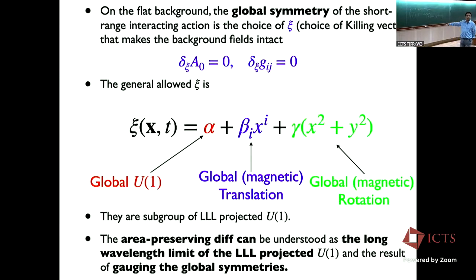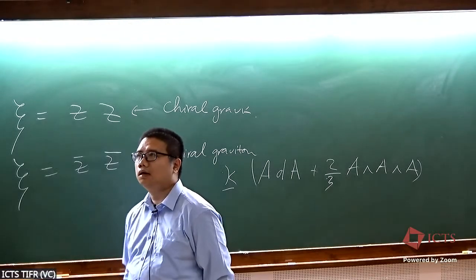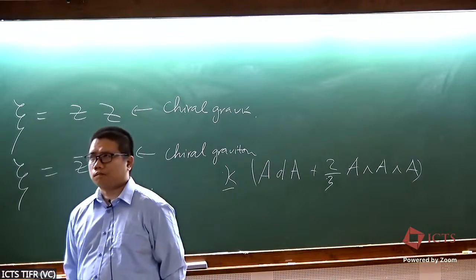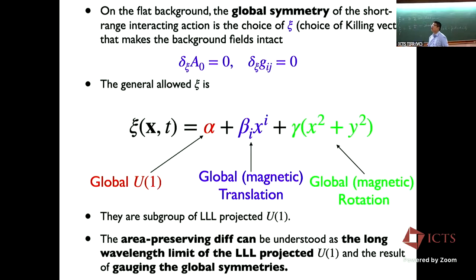So for the Laughlin state, K is nothing but the inverse filling fraction, 1 over K. Because with the fractional quantum Hall states, the topological coefficient we know.